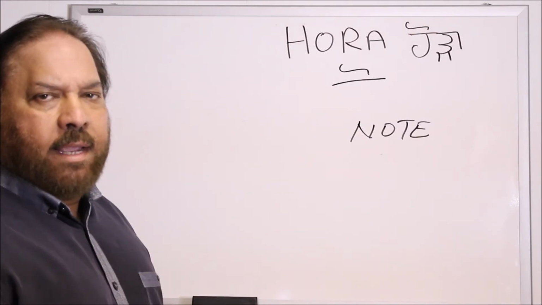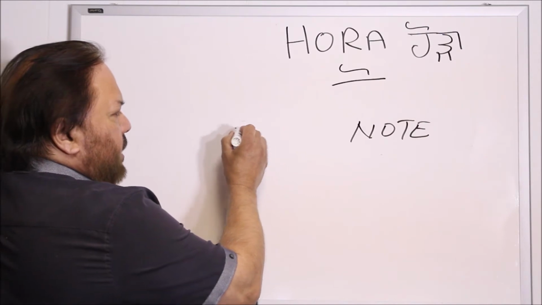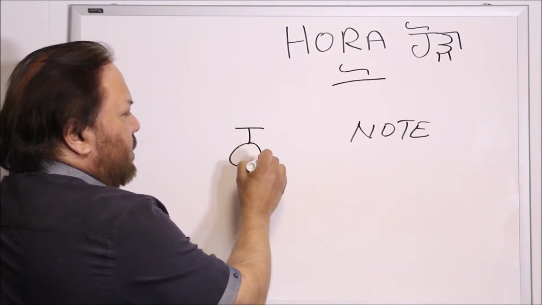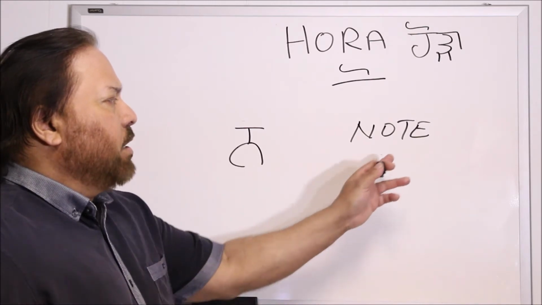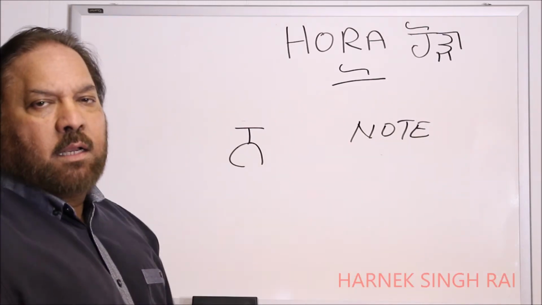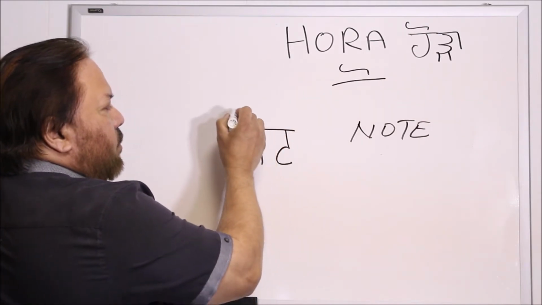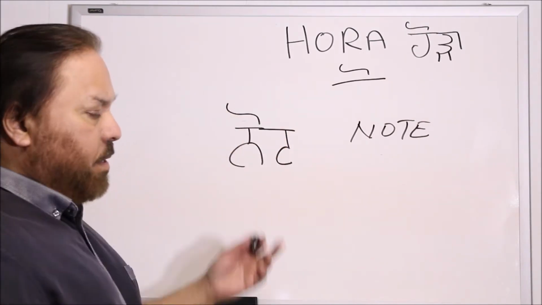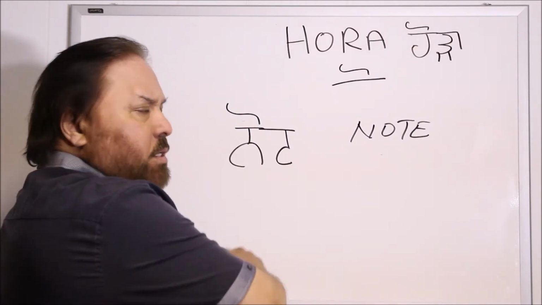So for N, like no, nanna is in Punjabi like this. This is nanna, and you remember for T, which is tanka. So we put Hora on the top, and it becomes note.